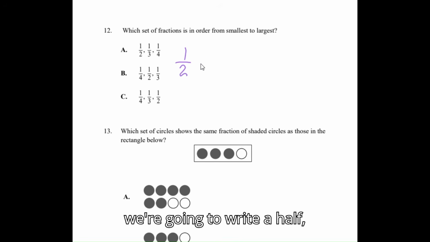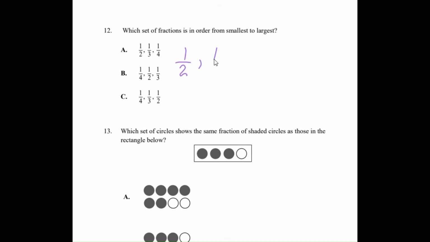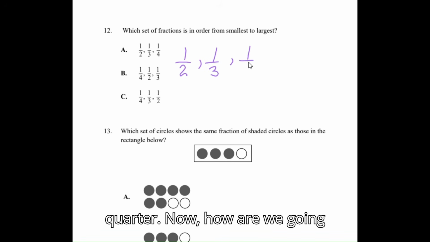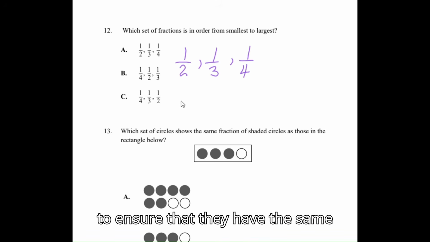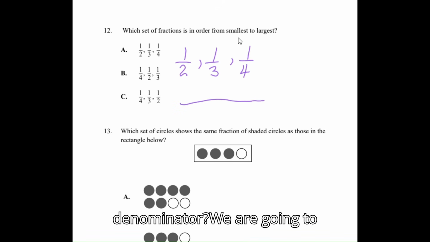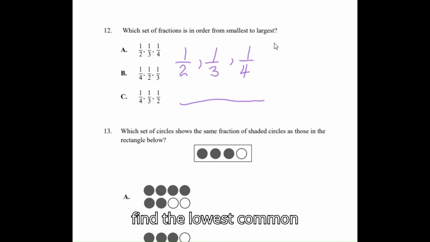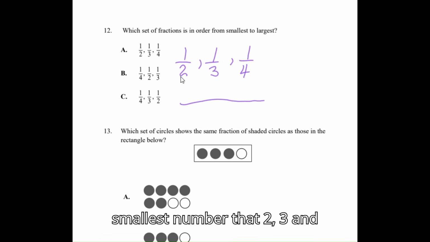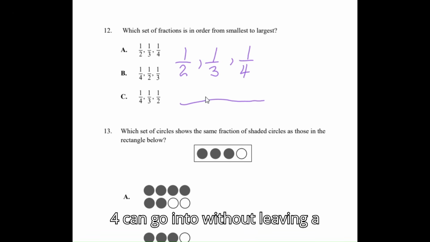So we're going to write a half, a third, and a quarter. Now, how are we going to ensure that they have the same denominator? We are going to find the lowest common multiple. So what is the smallest number that 2, 3, and 4 can go into without leaving a remainder?